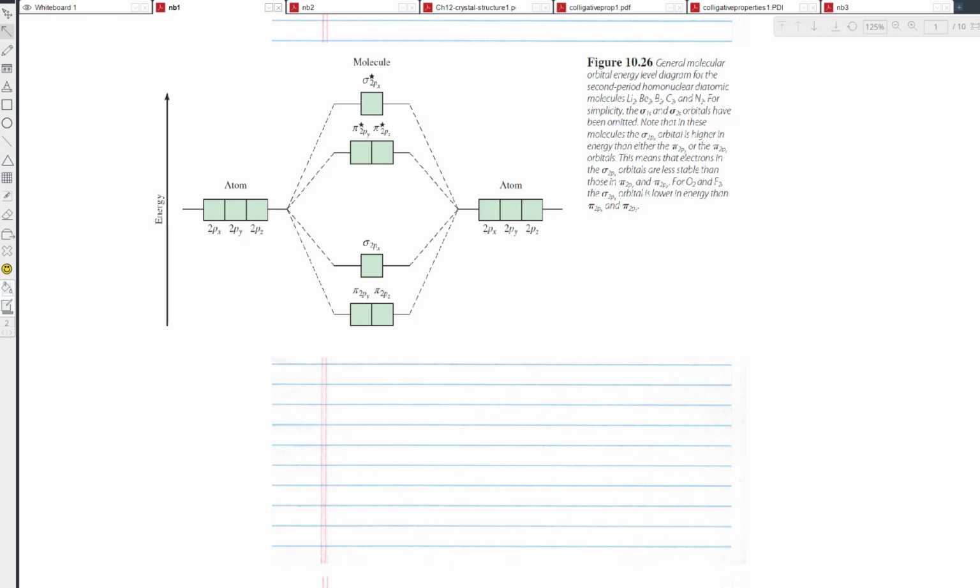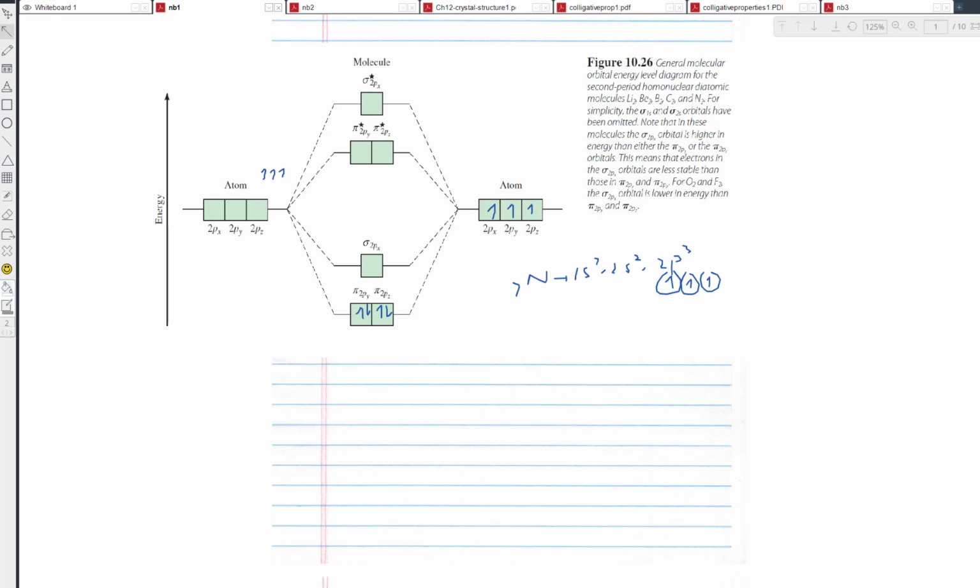Nitrogen. How many electrons are in the p orbitals of nitrogen? 3, and the same here, 3. For each nitrogen atom the configuration is 1s2, 2s2, 2p3, so 7 electrons. Now look here. First I put one electron in each, if they are equal energy, according to Hund's rule, and then pair up according to the Pauli exclusion principle.